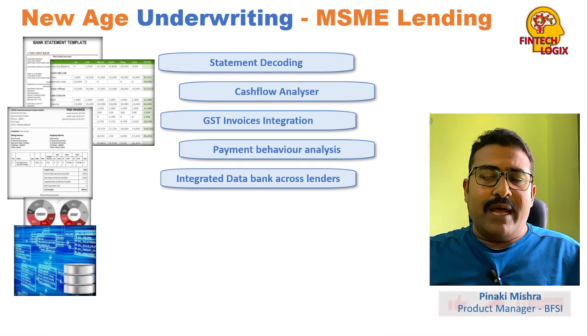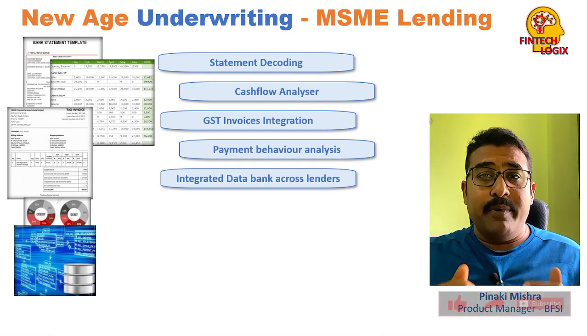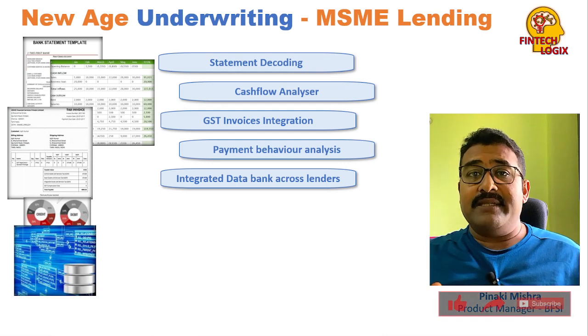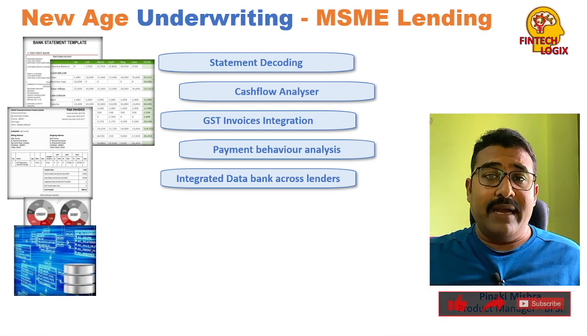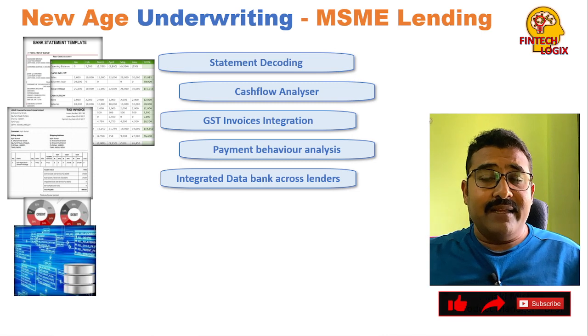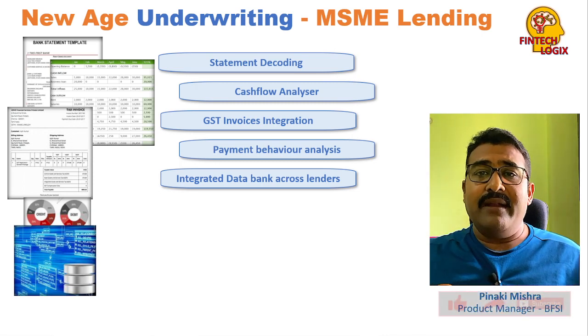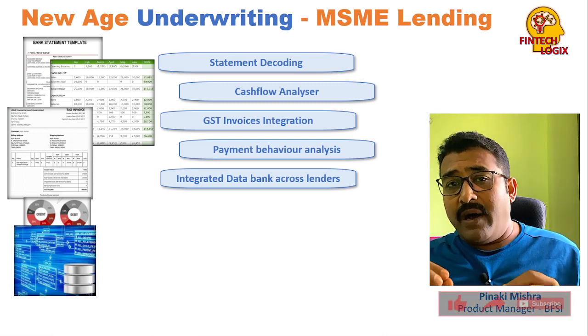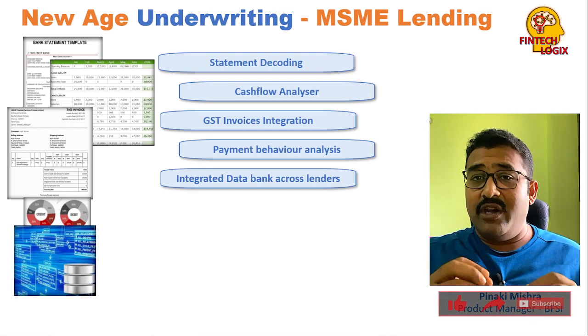Now you would ask me, okay, there is a credit bureau that integrates data from different lenders, but you have to understand that this data is very limited, and most of our MSMEs are NTC, or new to credit.